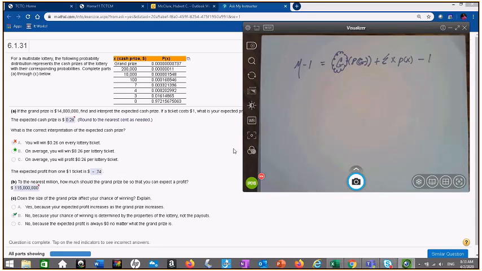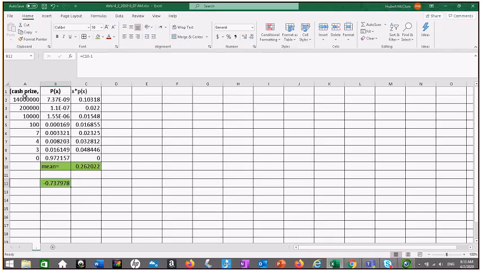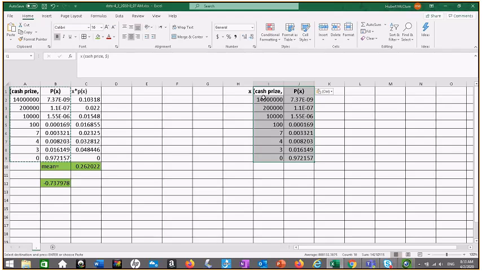So if I go back to my spreadsheet, I'm going to recopy this right here, Control C, and bring it over here, Control V. Now I don't know what the cash prize is, or that's what we're going to find. So I'm going to take that out. I'm going to call that X. No, not X. I'm going to call it G, capital G.